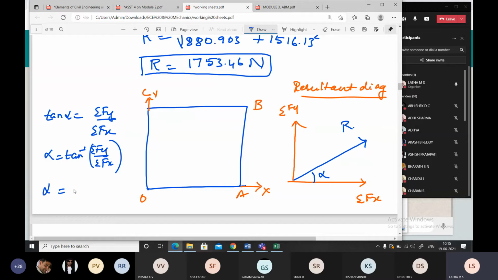Now what is the value? Substituting, what's the value of alpha? Tan inverse of the Fy value, ma'am. 39.8 degrees?